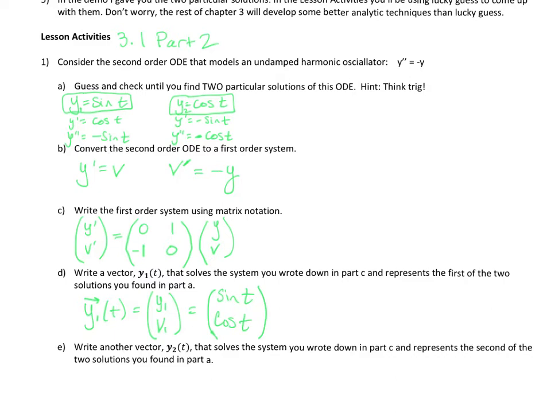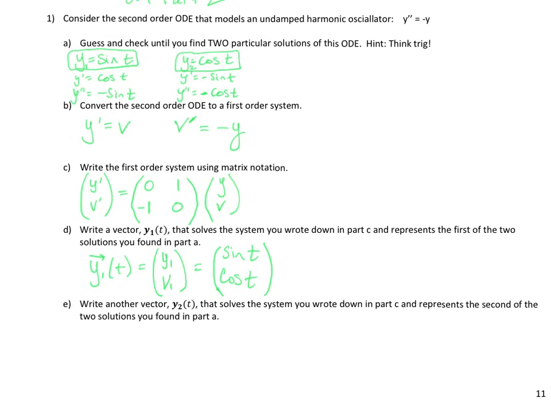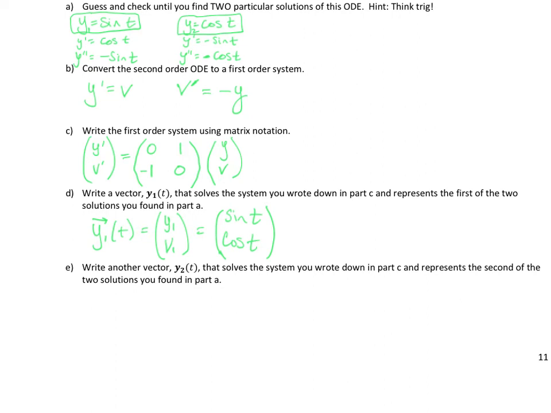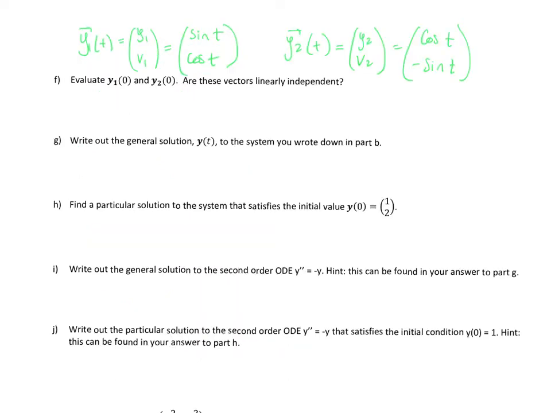Okay, and then we're going to do the same thing for y2. So I'm going to have a vector solution y2 of t, which is really y2, v2. And y2 we said was cosine t, and the derivative of cosine is negative sine. Okay, now we want to evaluate y1 of 0 and y2 of 0.